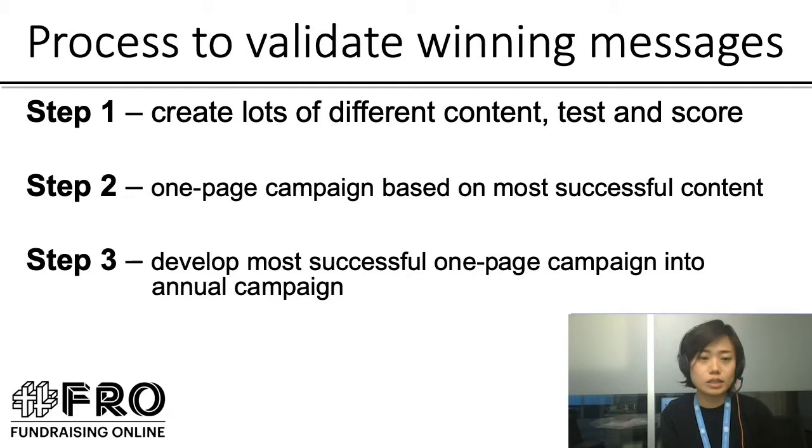Only the most successful one-page campaigns can then be developed into their quarterly or annual campaigns, where lots of budget is spent or invested. By this stage, they already know the content will be successful. Doing this over and over again has made UNICEF Korea experts in what different audiences are responding to.